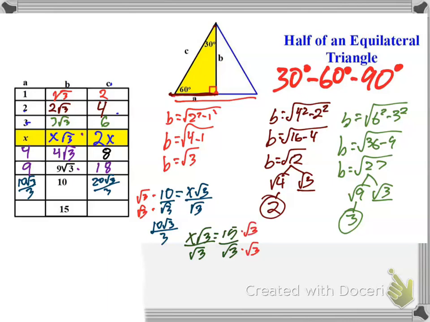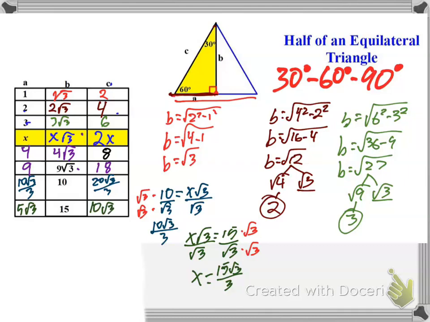And so now I have x equals 15 square roots of 3 divided by 3. Again, it's a fraction. Does 15 divide by 3? Yeah, it does. That's 5. And so I end up with 5 square roots of 3 for my short leg. I want to double that for my hypotenuse. Well, 5 square roots of 3 times 2 would be 10 square roots of 3.